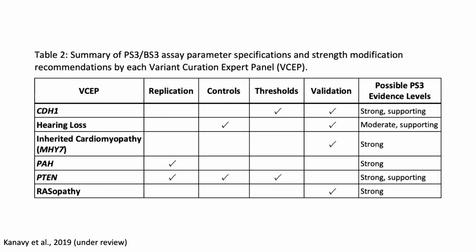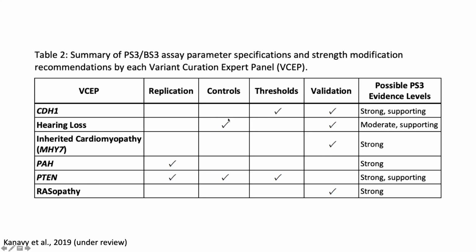While there's lots of data that I could talk about, because this was a tremendous amount of work, primarily led by 2 of our postdocs, Shannon and Donna, as well as another person in our lab, Mira, this is the overarching summary of what they found. There are 4 different parameters: replication, controls, thresholds, and validation measures that were identified by at least one group as being important for their PS3 or BS3 guideline specifications.